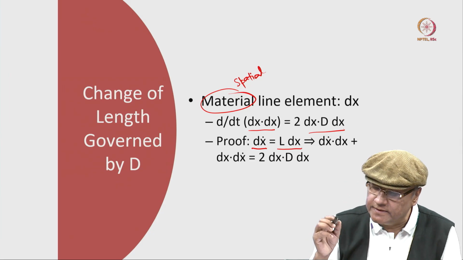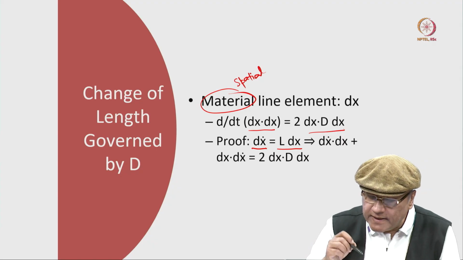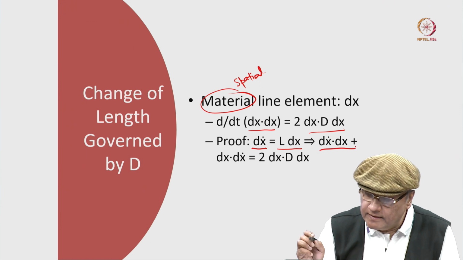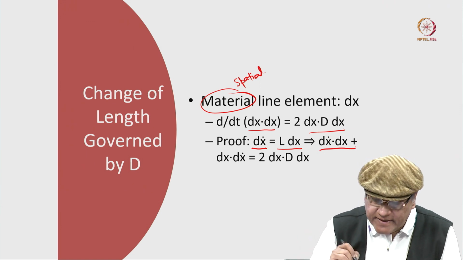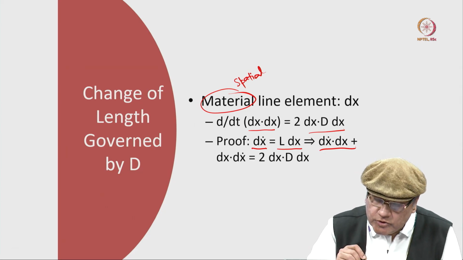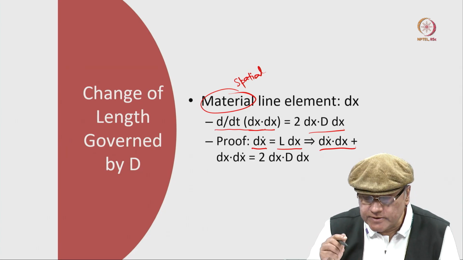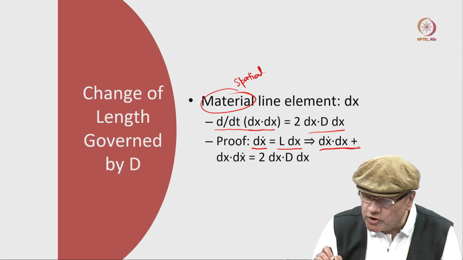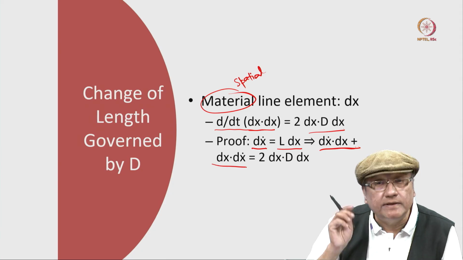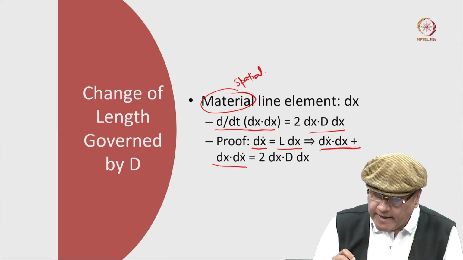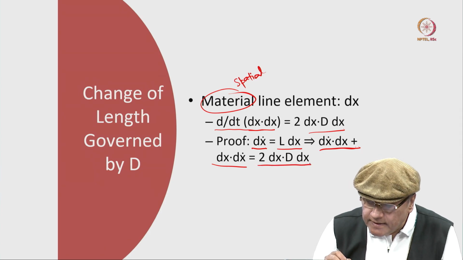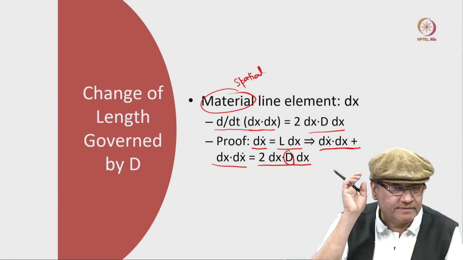Now you take the time derivative of dx dot dx, and you get dx dot dx plus dx dot dx dot, which comes to be equal to 2 times dx dot D times dx.